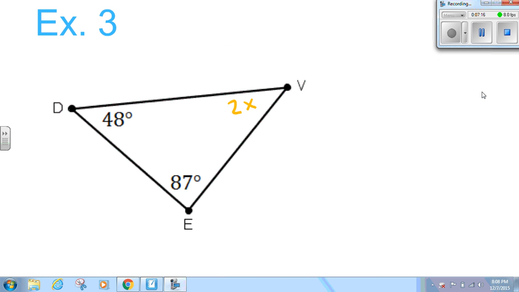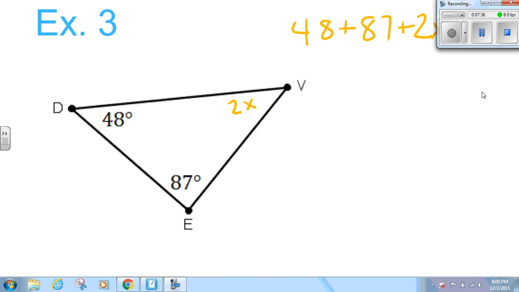Okay, in this example, we have something a little bit different where we have a coefficient in front of the variable. So I'm still going to set up my problem the exact same way. 48 plus 87 plus 2x equals 180.